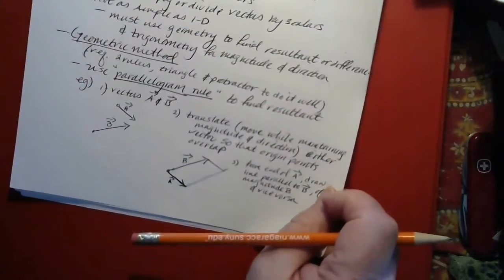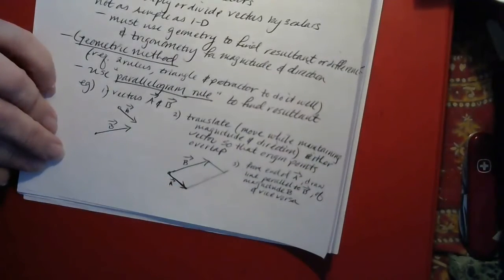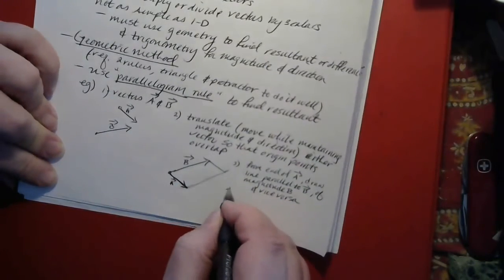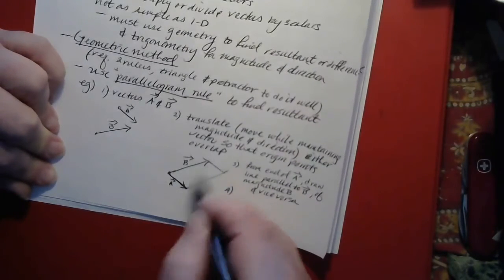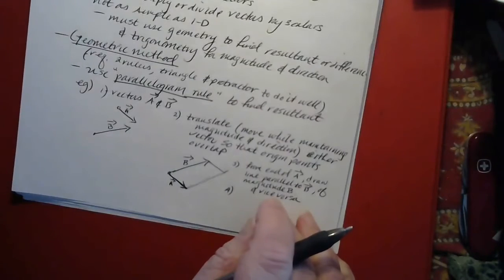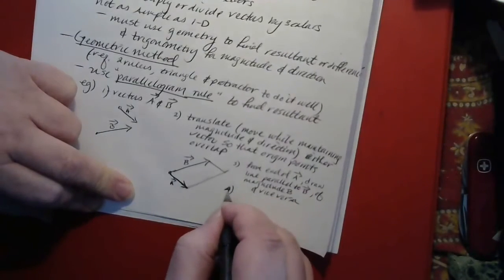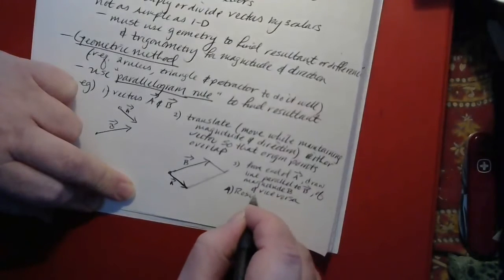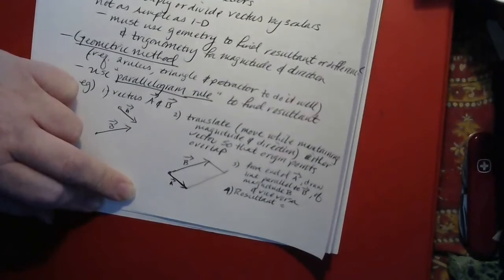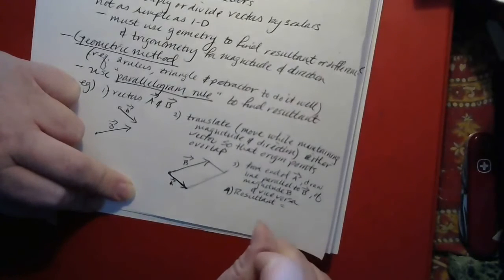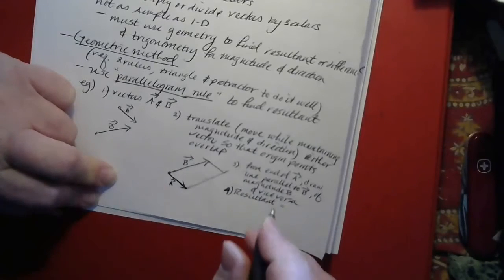Okay, and so basically what we have here is the resultant will be the diagonal, basically the longer diagonal. Basically from the origins to the opposite corner.